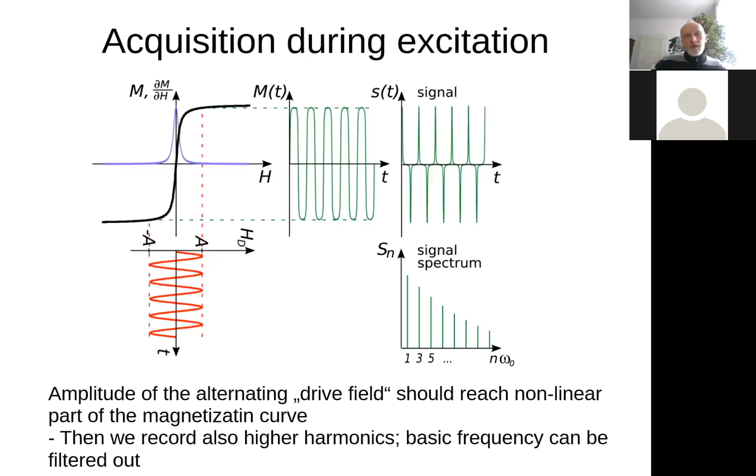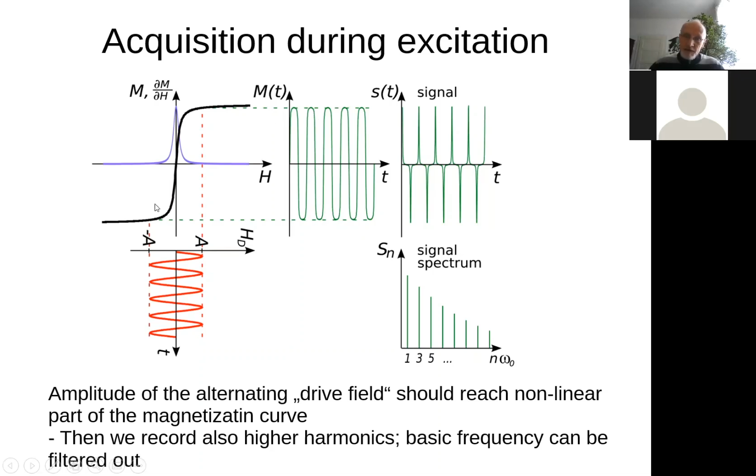So what can we do about the acquisition during excitation? The hint is that we need the amplitude of the alternating drive field big enough to cover not only the linear part of the Langevin function, but it should reach also the nonlinear part of the magnetization curve. If we measure only the linear part, then magnetization will follow a sinus, and this will be a problem.